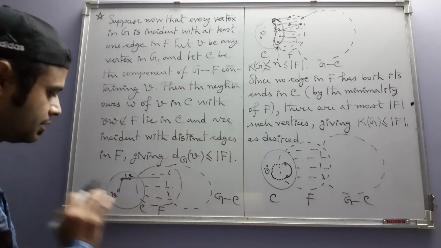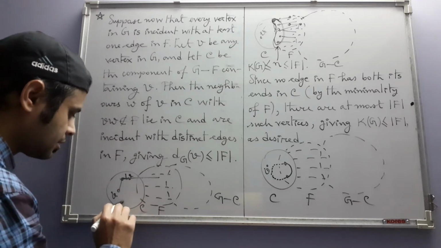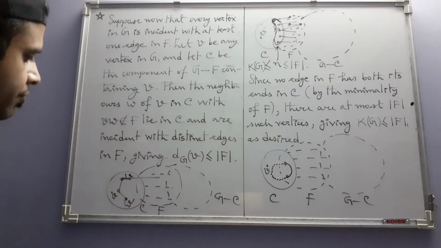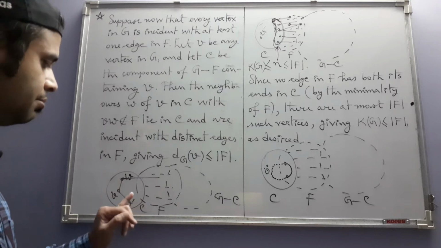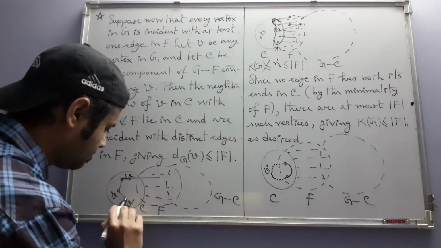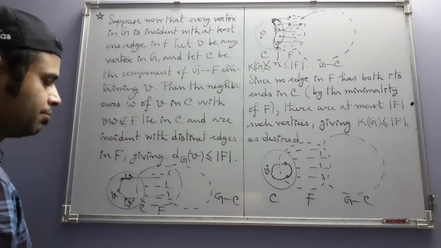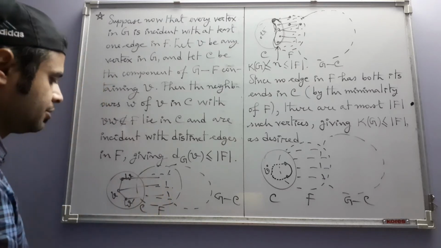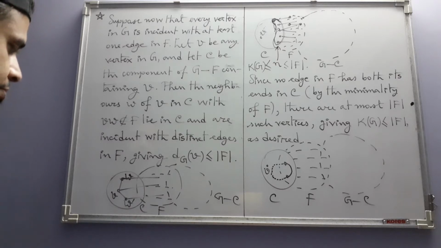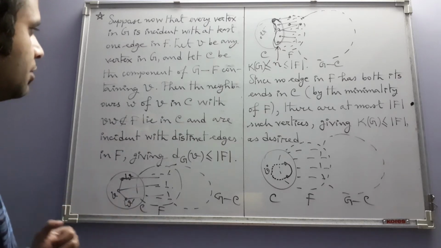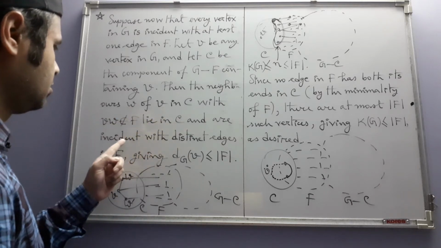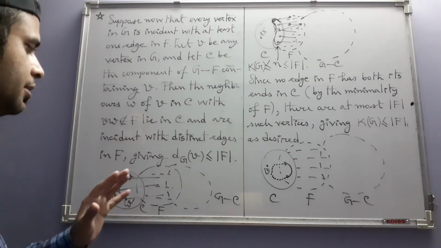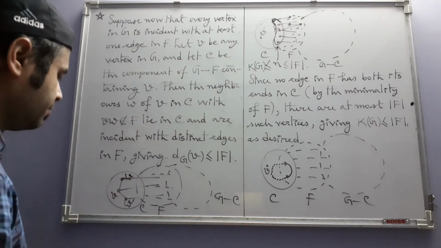That means these are edges in F. There may be more than one such W, say this one, such that W prime also belongs to C and the edge VW prime is not in F. This W prime will also be incident with some edge in F, and because every vertex in the graph is incident with something from F, V itself is also incident with some edge in F. And now what we are saying, these W's are incident with distinct edges in F. How?